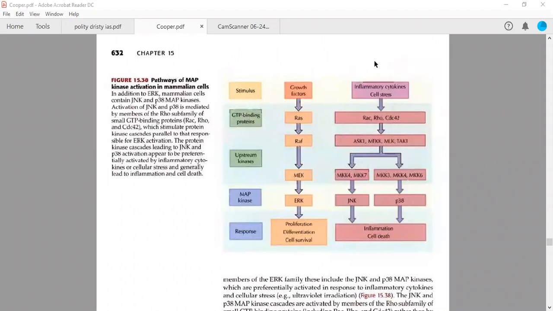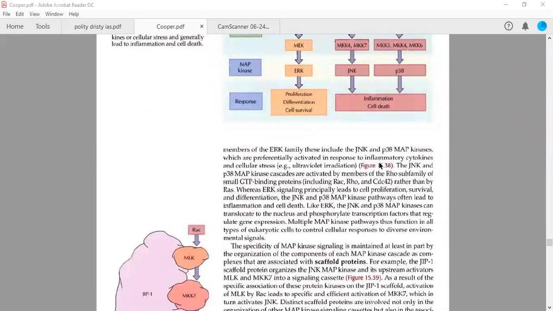If I annotate, this RAC is controlling this MLK, and it is controlling this MKK7 and this JNK, and finally there is a response. So all these proteins are bound to a single protein. What is the name of that single protein?